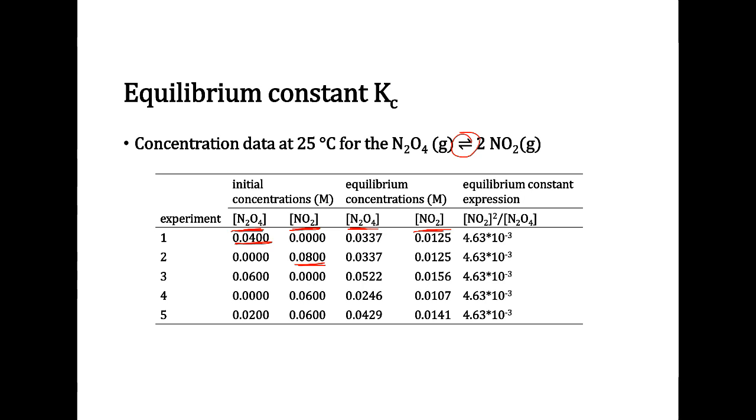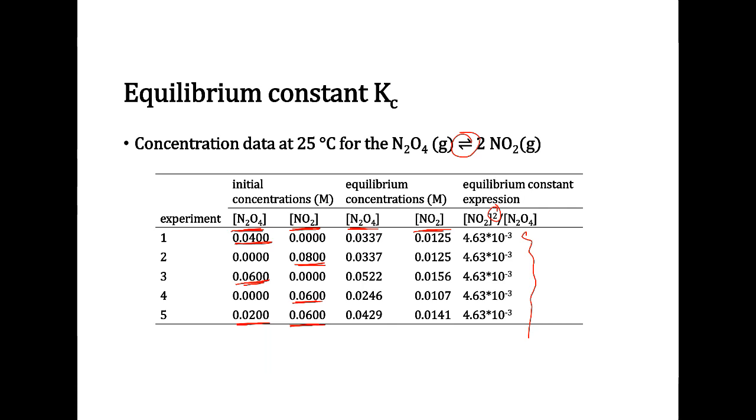And what we'll see is no matter what the mixture is that we start with, whether we start with only reactants or only products, or maybe a little bit of both, we're able to establish an equilibrium concentration. And we find that if we take the products over the reactants and raise each to the exponent of its coefficient, so we have NO2 squared over N2O4, and plug in those equilibrium concentrations, we get the same equilibrium constant for every experiment, regardless of what our initial concentrations were.